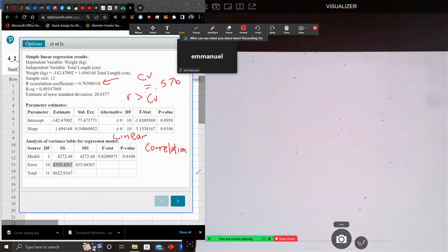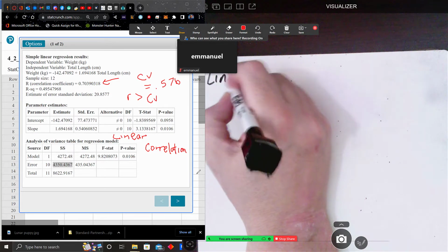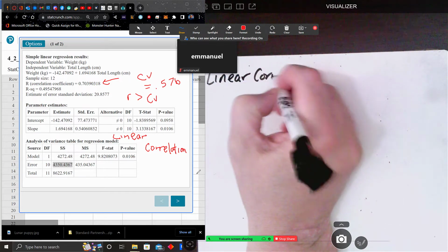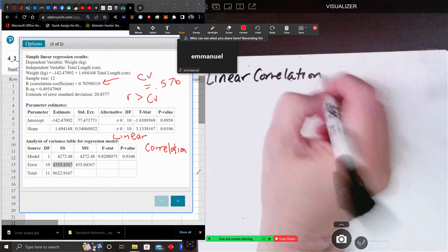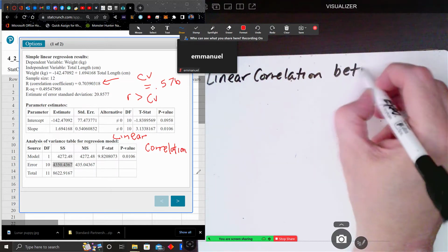Okay, so this showed linear correlation. There is a linear correlation between the length of a bear and its weight.